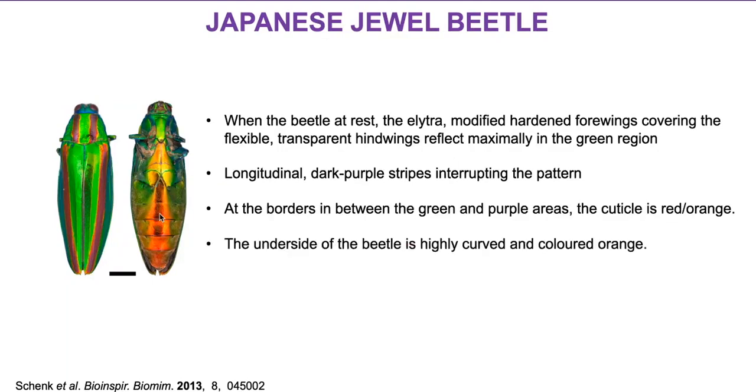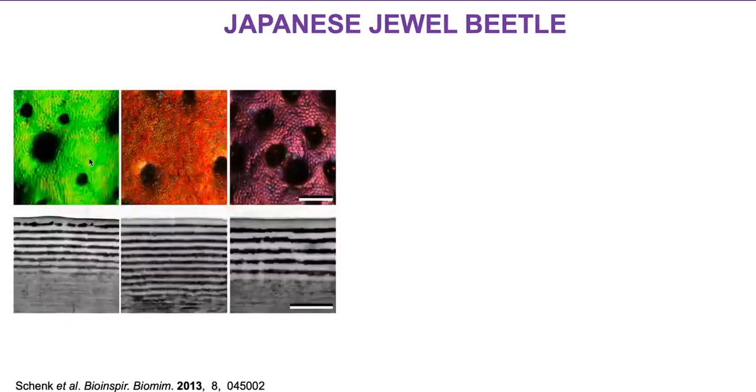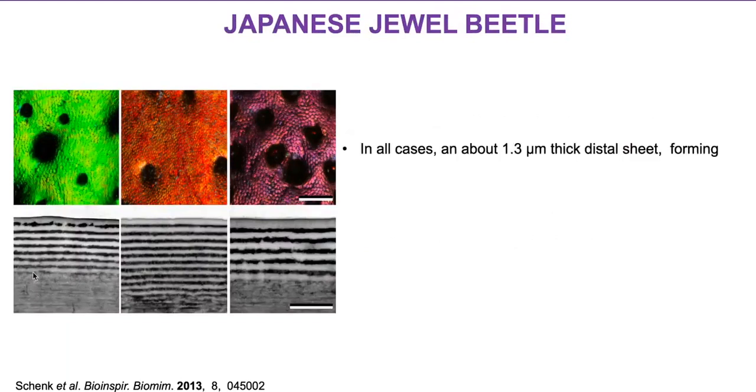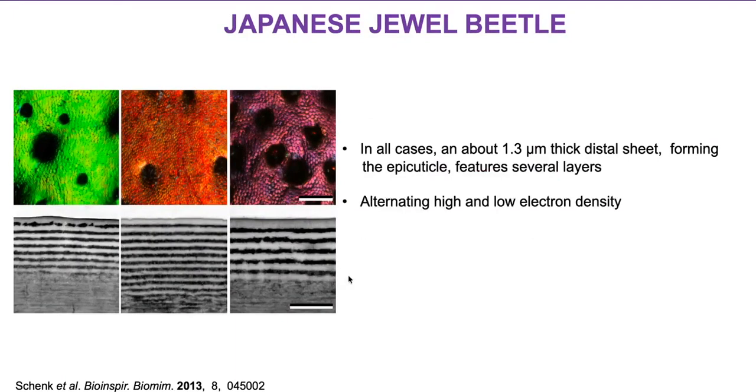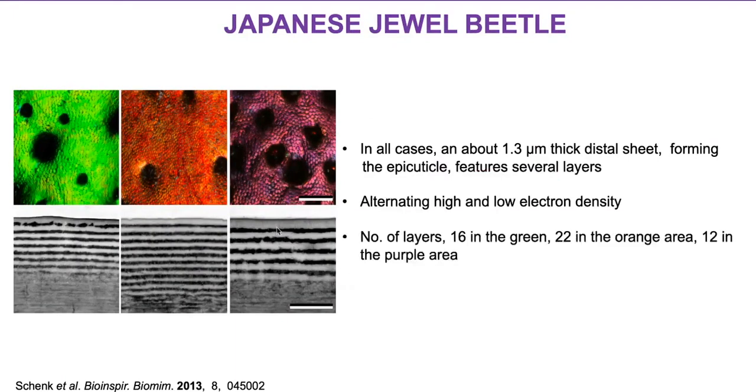And interestingly, if you take all these different colored places and take a cross section and look at high resolution electron microscopy, you don't see many differences here. What you see in all cases is a nice patterned structure. These are one-dimensional layered structures, and there is an alternative layer of high and low electron density.